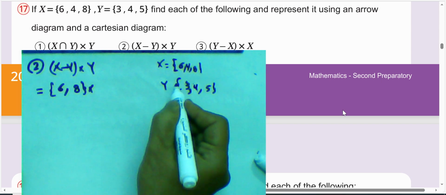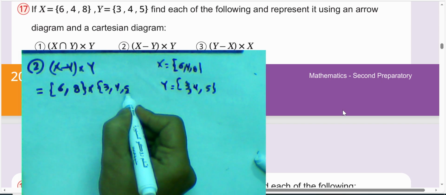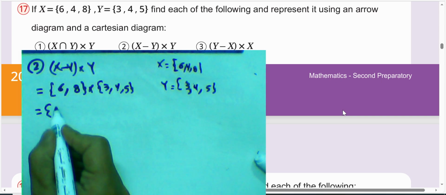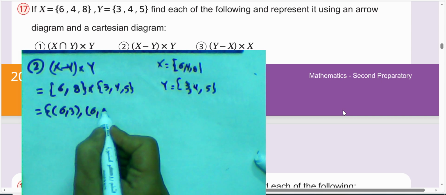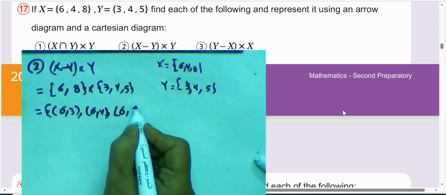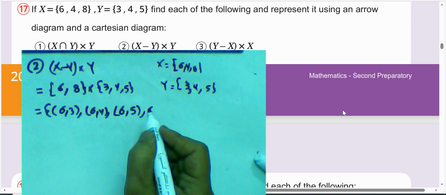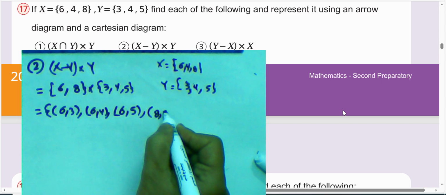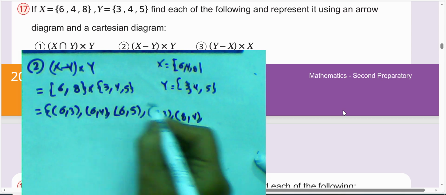Y was 3, 4, and 5. The Cartesian product: 6 with 3, 6 with 4, 6 with 5, 8 with 3, 8 with 4, and 8 with 5.